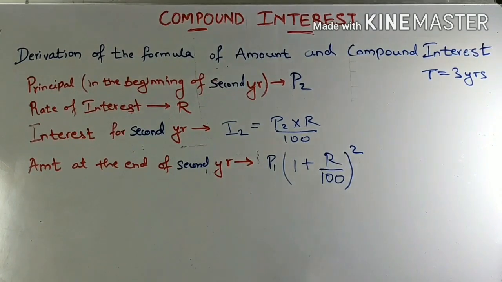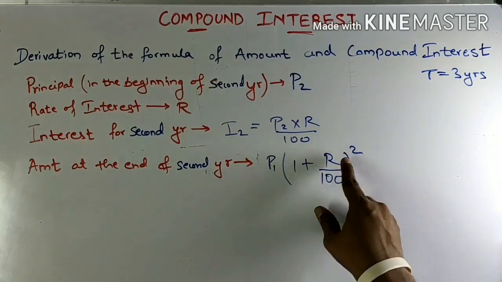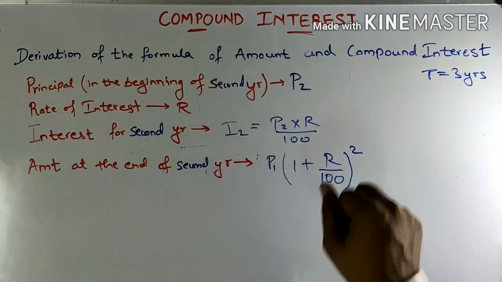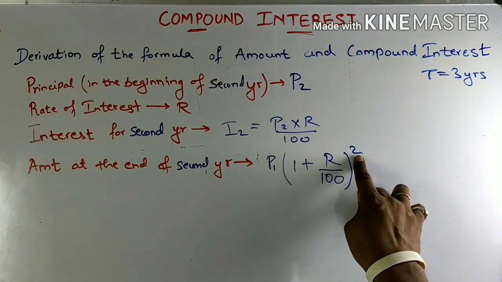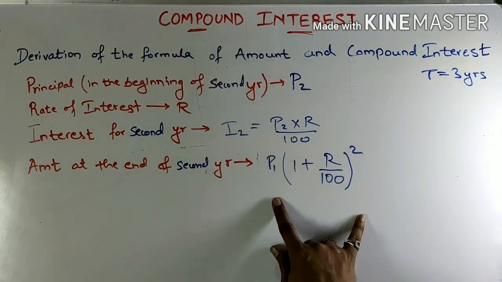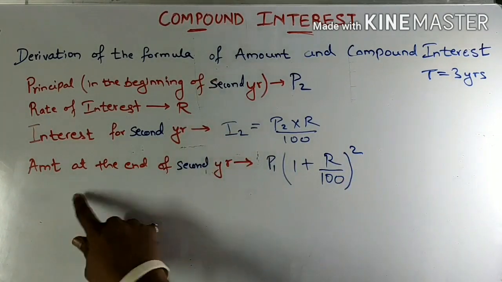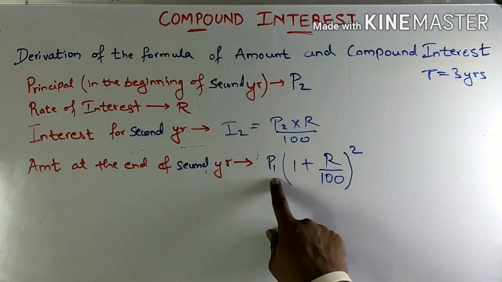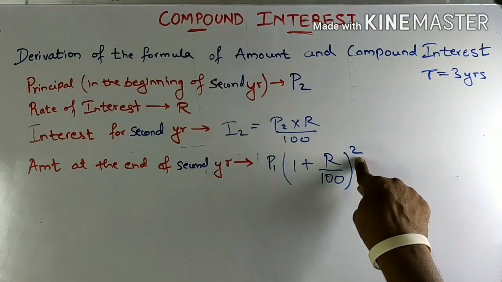So our amount at the end of the second year becomes P1 into 1 plus R by 100 the whole square. At the end of second year, just relate it with the highlighted words. So amount at the end of second year becomes P1 into 1 plus R by 100 raised to the power 2 or square.